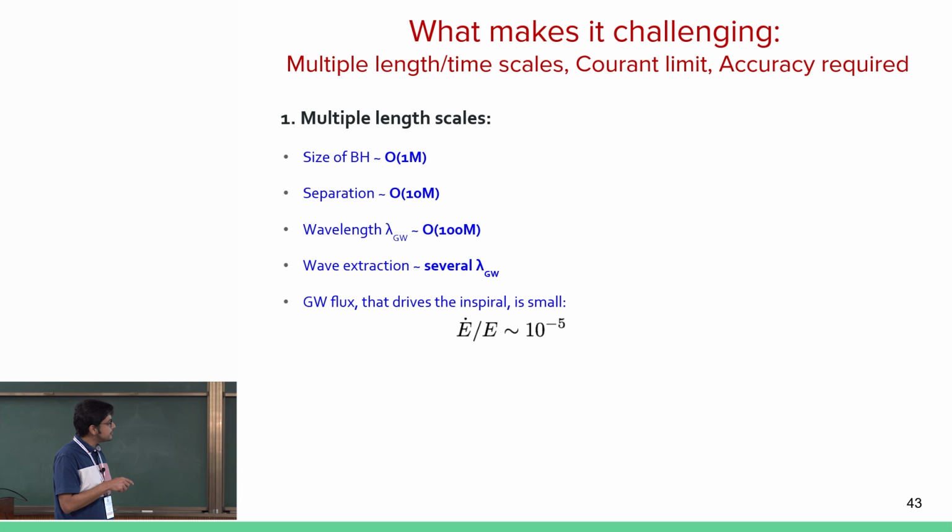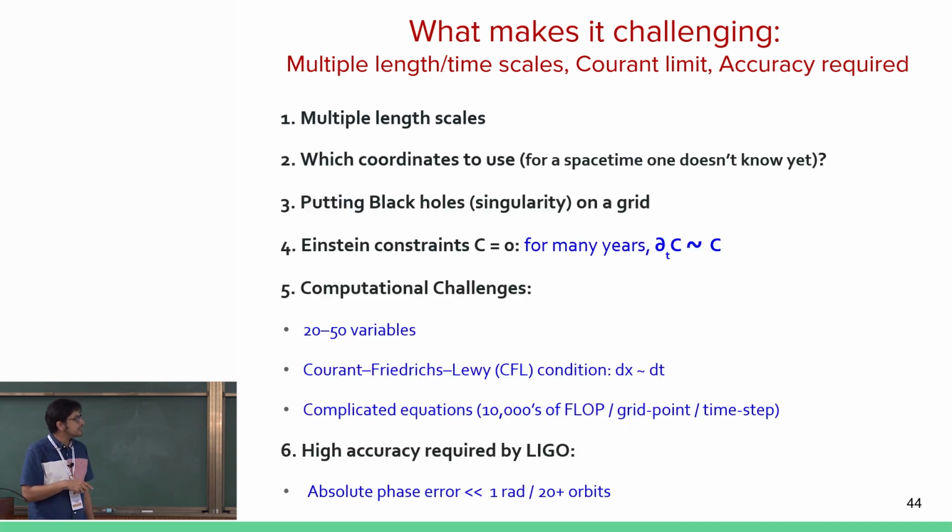Then the separation between the black holes is, say, order 10M. The wavelength of gravitational waves being emitted is another order of magnitude larger length scale, as well as if we are solving the two-body problem, our domain must be large enough such that we are able to extract the waves at least a few wavelengths away or in some sort of a weak field region away from the source itself. So that is what gives a range of 3 to 4 orders of magnitude in terms of length scales.